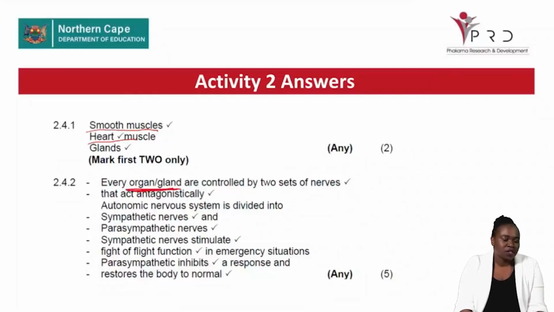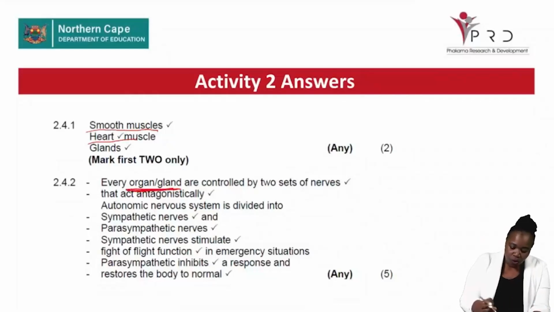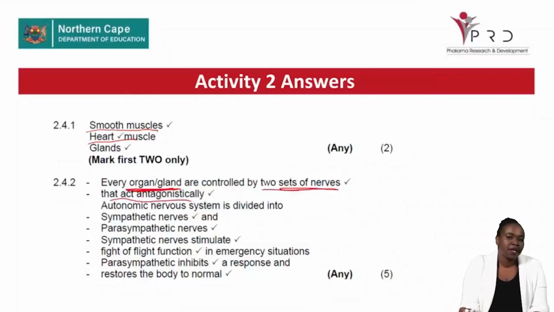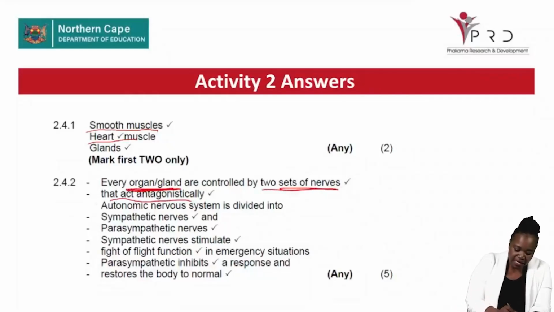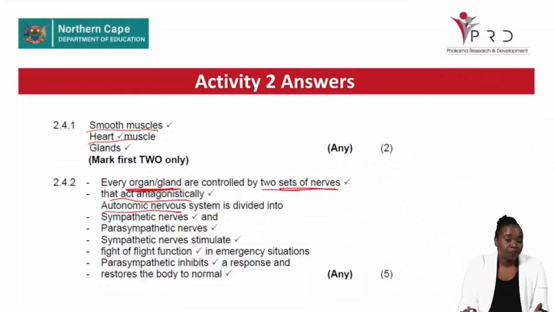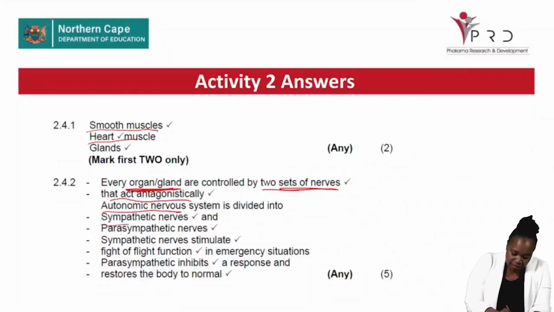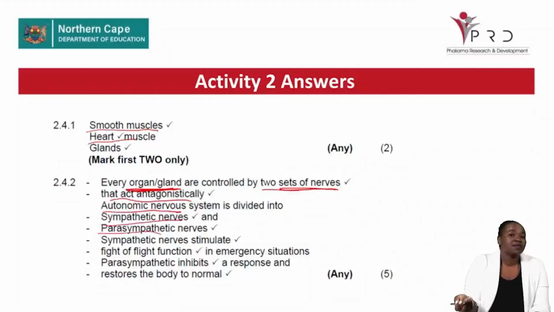As I've said just now with the heart muscles, they would contract or relax, which is the sympathetic and the parasympathetic. These two nerves act antagonistically, opposite to each other. The autonomic nervous system is divided into two parts, the sympathetic and the parasympathetic.